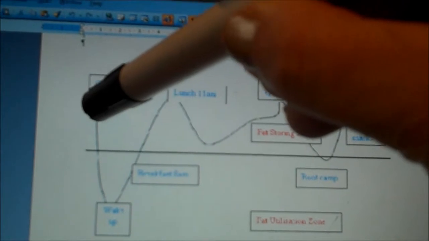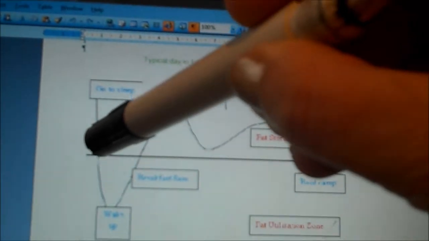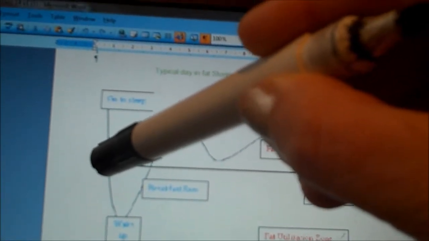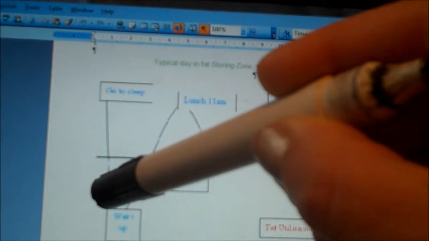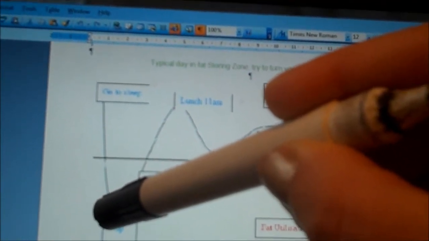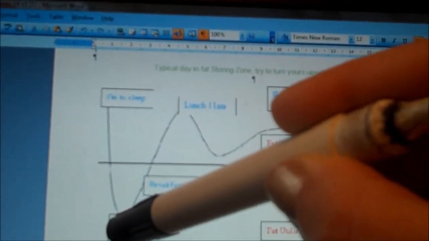So from 10 till 7 AM we're in the fat storing zone after our snack or late dinner. But as we fast and we sleep, we burn what's in our bloodstream, which is usually the glucose, and we're without food for long enough that we drop down and go into the fat utilisation zone.